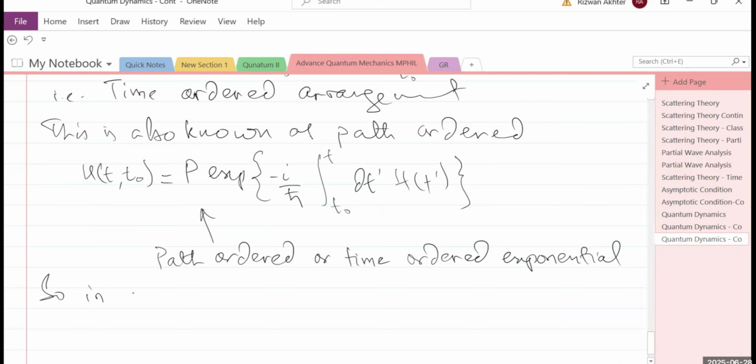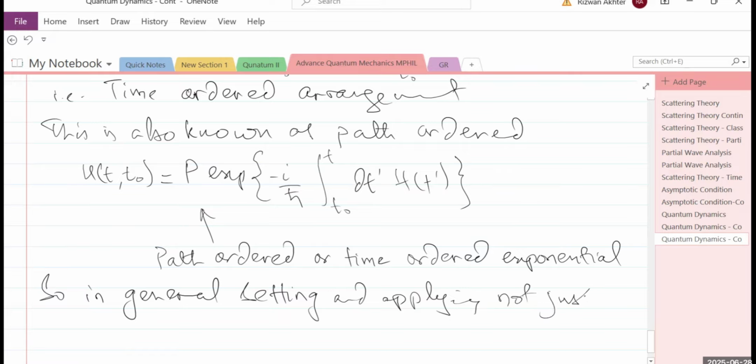So in general, not just to quantum mechanics, you can also talk about particle physics as well.